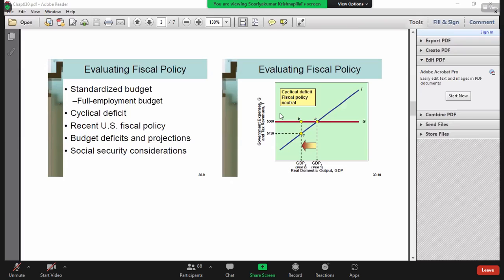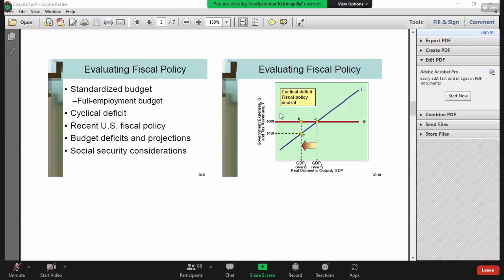So whether GDP increases or decreases, but the tax revenue increases with the real GDP because the tax rate is there. So when the real GDP increases, government tax revenue increases. So standardized budget means now the government spending 500 million.